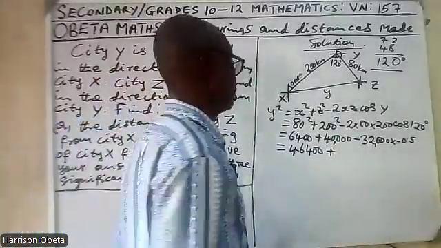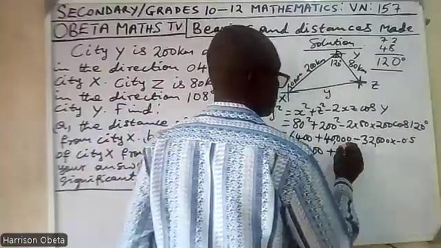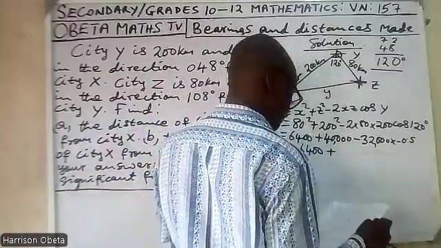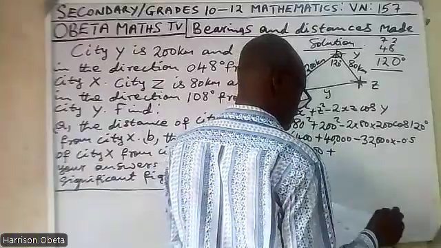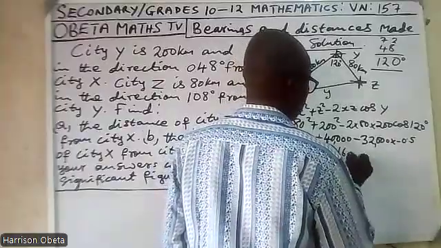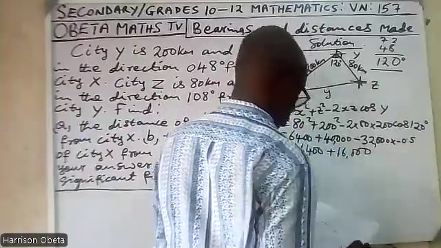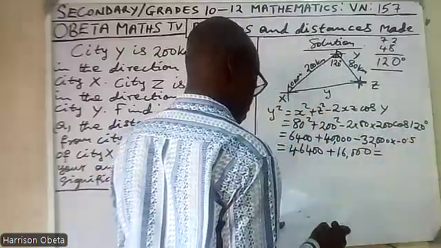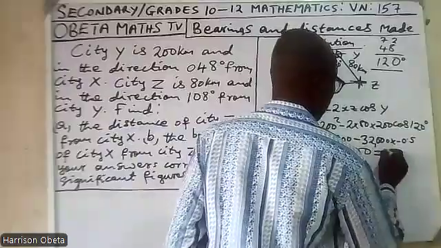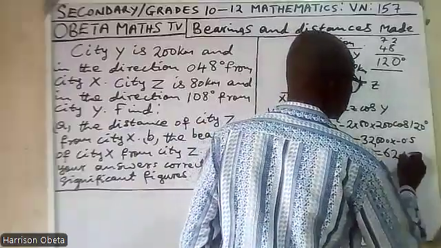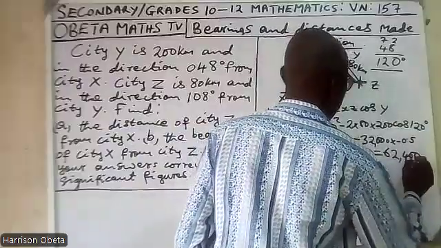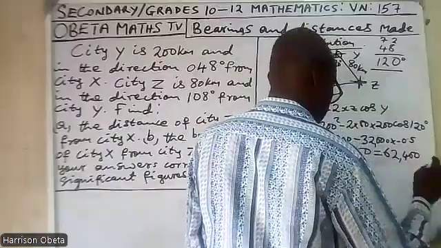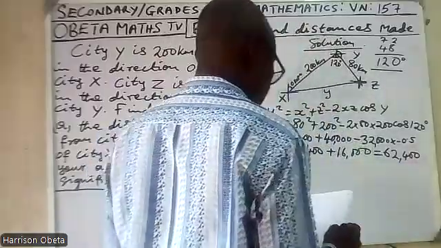So when you carry out the multiplication, that will give us 16,000. You add, we have 62,400.